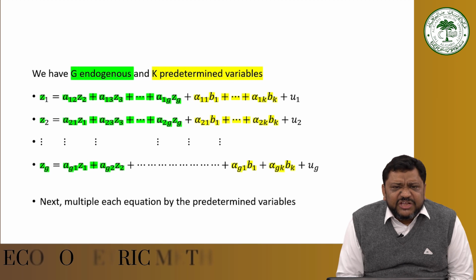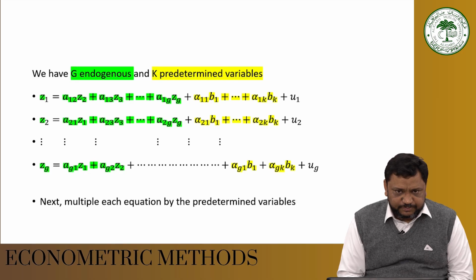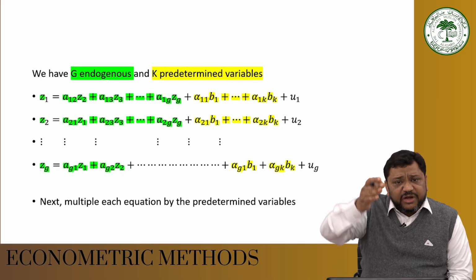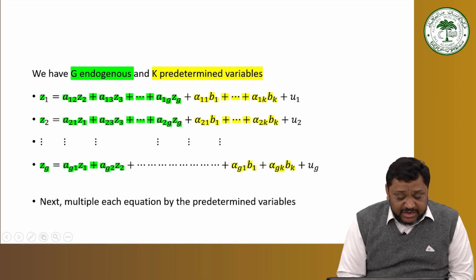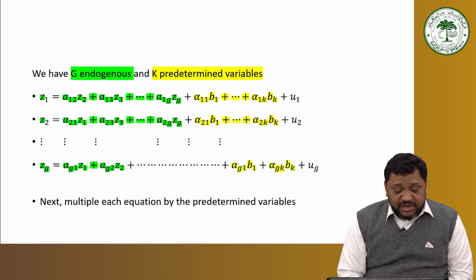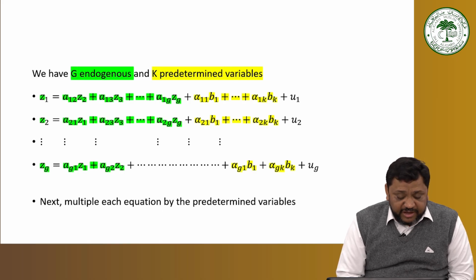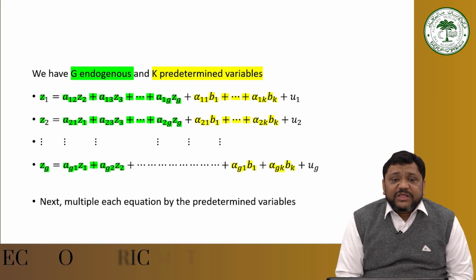We have a G system, there are G endogenous and K predetermined variables. So G system means we have Z1, Z2, Z3, Z4 extending up till Zg, and these are all endogenous. In the first equation, Z1 is equal to A12 Z2 plus A13 Z3 plus A1G Zg. These highlighted in green are the endogenous, and those highlighted in yellow are the predetermined.